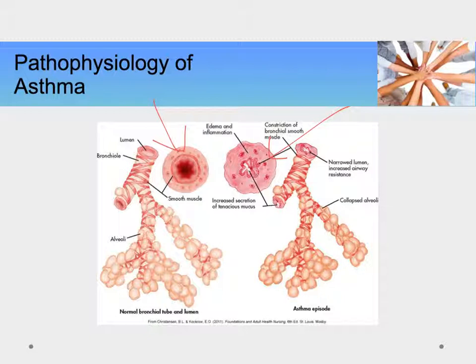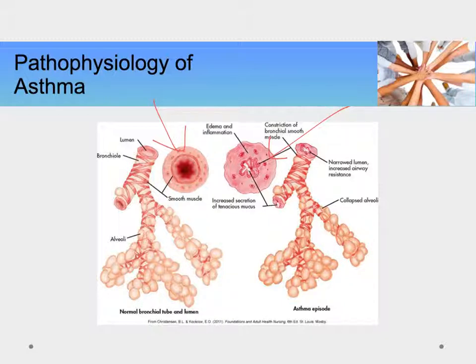And it's all about that inflammatory response that we talked about when we talked about the immune response, causing this hypersensitivity to something that the body has identified as something it does not like, and so it causes this big immune response to it.